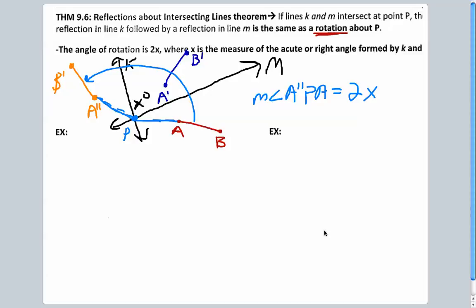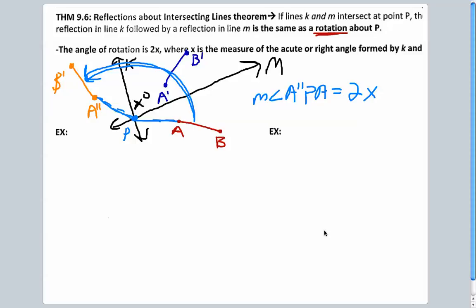If I know that angle x, I know the whole angle of that rotation, this big blue looping arc here. So if that angle was 16, then the whole thing all the way around would be 32.